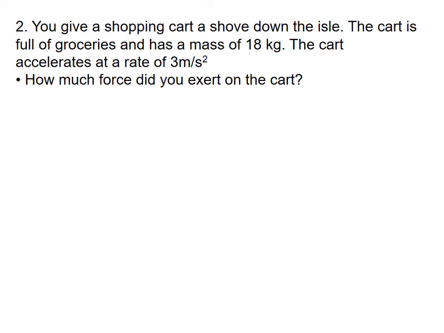Number two, it says you give a shopping cart a shove down the aisle. The cart is full of groceries and has a mass of 18 kilograms, and it accelerates at a rate of 3 meters per second. We're looking for force. So once again, our equation is force is equal to mass times acceleration.